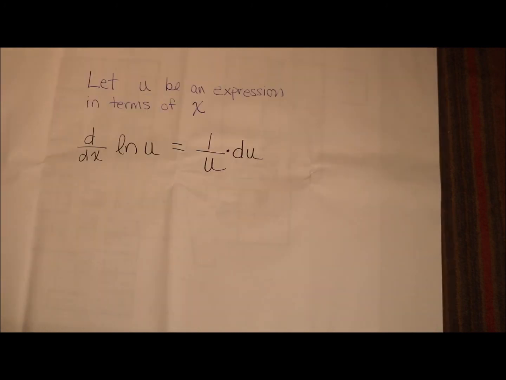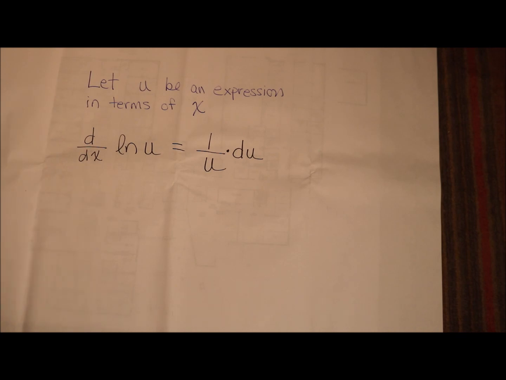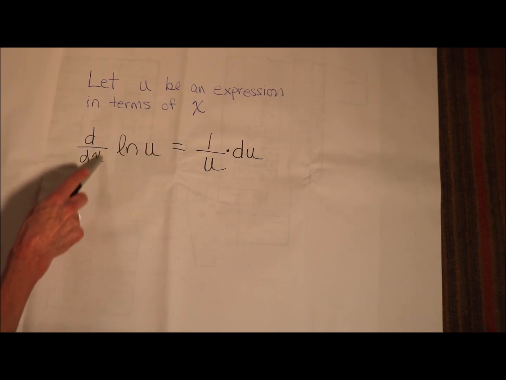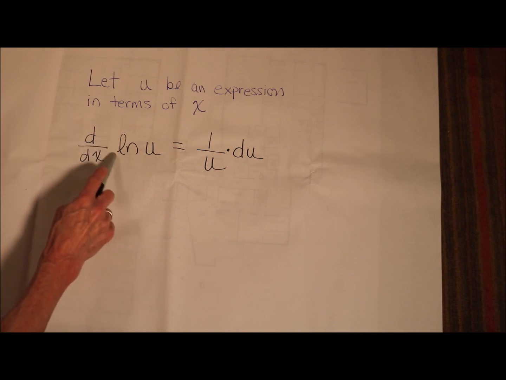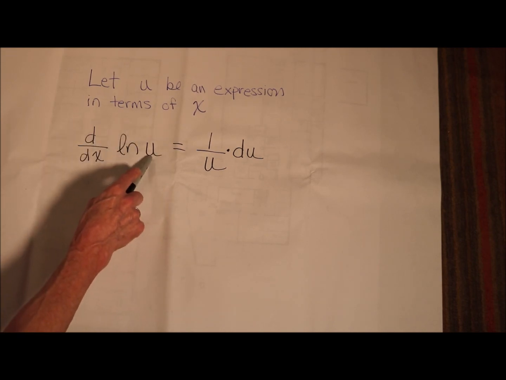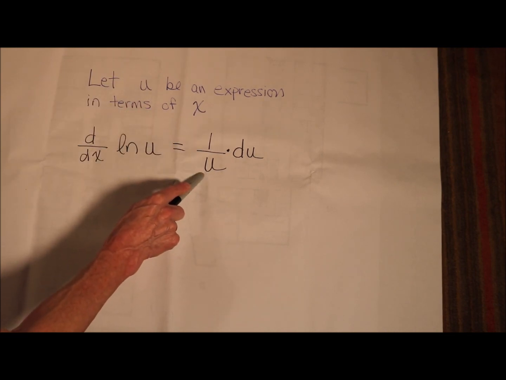So let's take that one step further and write the rule in a way that recognizes that the chain rule will also come into play frequently. So if we let u be an expression in terms of x, then the derivative with respect to x, remember this just means I'm taking the derivative of this and x is my independent variable, of the natural log of u is 1 over u, that we just discovered.